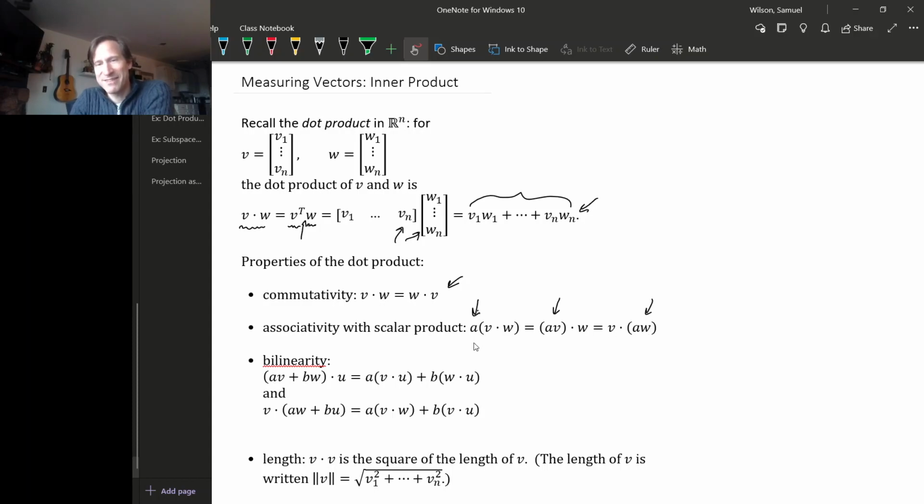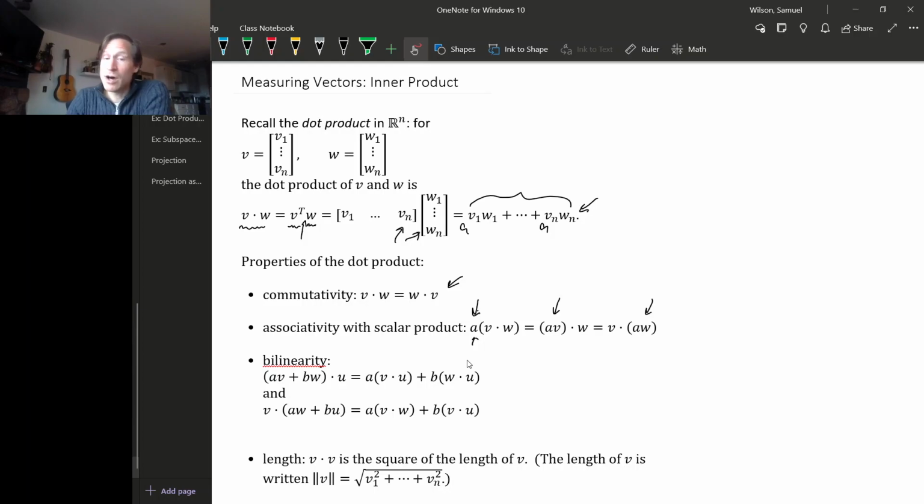Having this scalar here is just like having a bunch of a's there, so it doesn't matter whether you multiply by a afterwards or multiply one of the two collections of coordinates before the dot product. You're going to get the same thing.